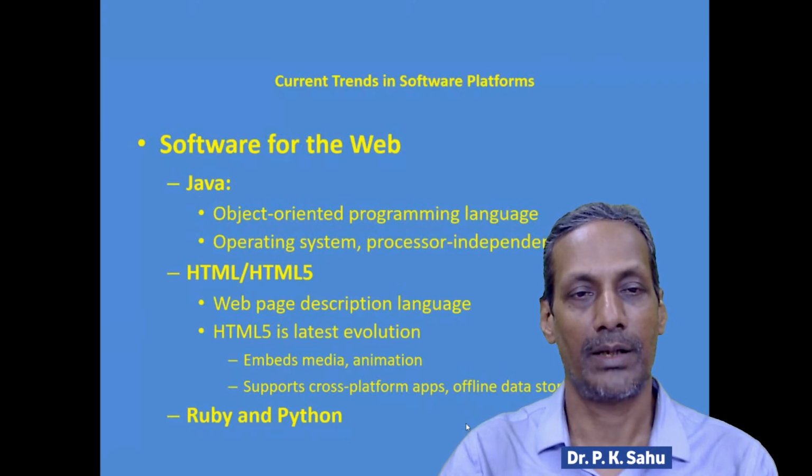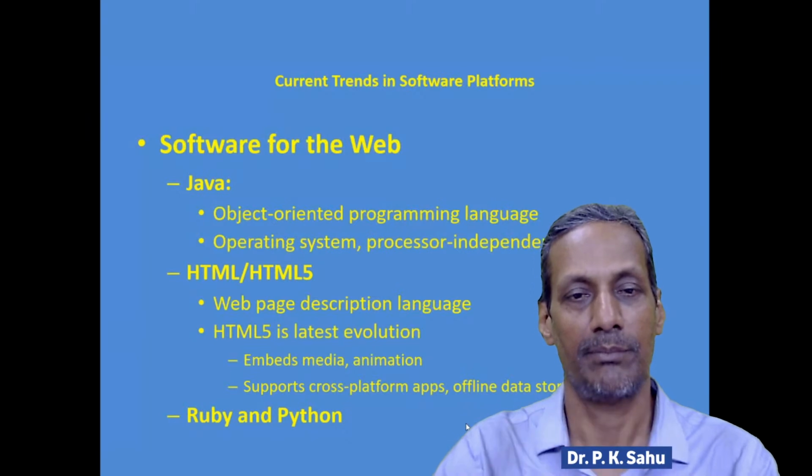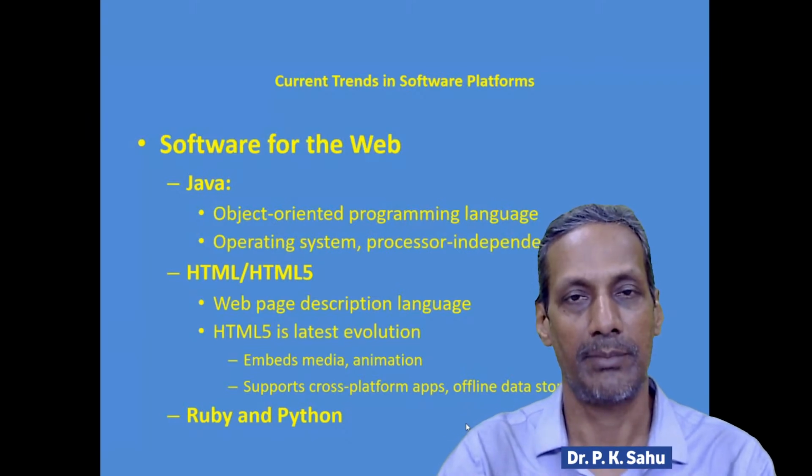Hypertext markup language for designing web pages is popular. Today we have HTML5. Web pages, these are nothing but web page description languages. And the latest evolution in HTML, HTML5, embeds media and animation.